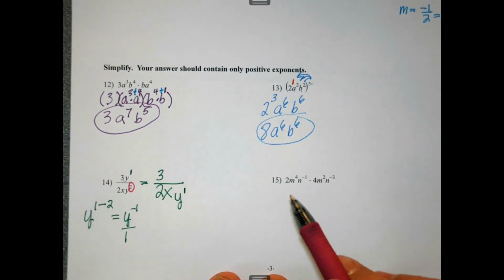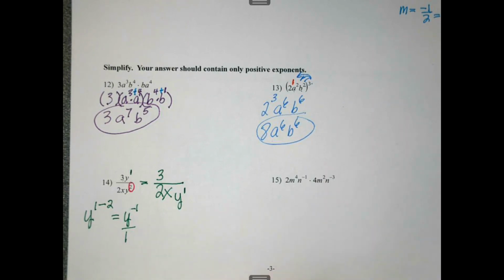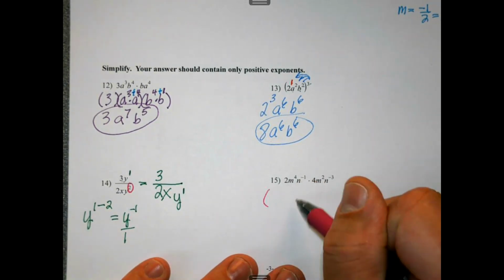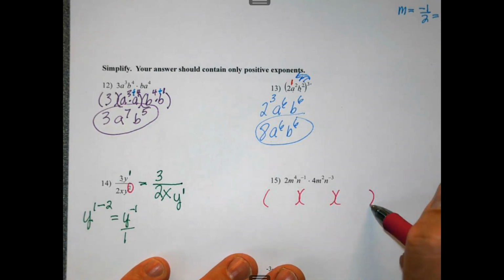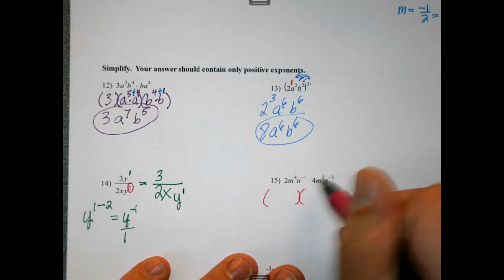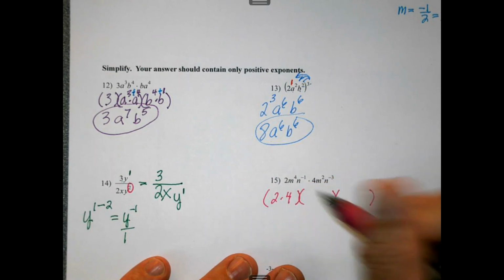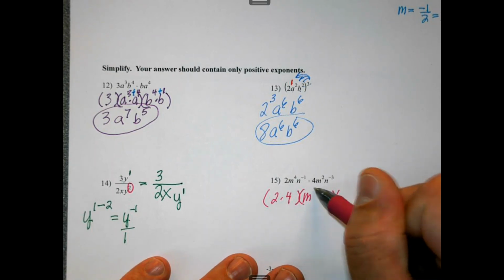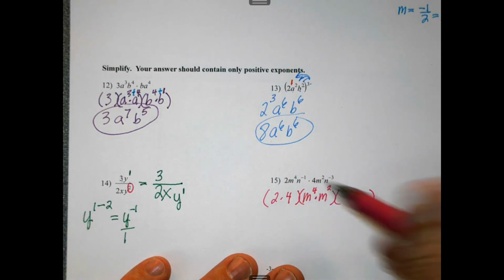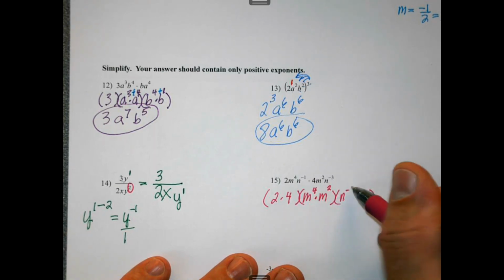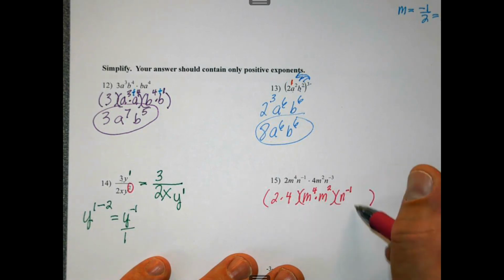Okay, 15, again, is all multiplication. So what I would do, put my numbers together, my m's together, and then my n's together. So I have 2 times 4, m to the fourth times m squared, n to the negative 1 times n to the negative 3.